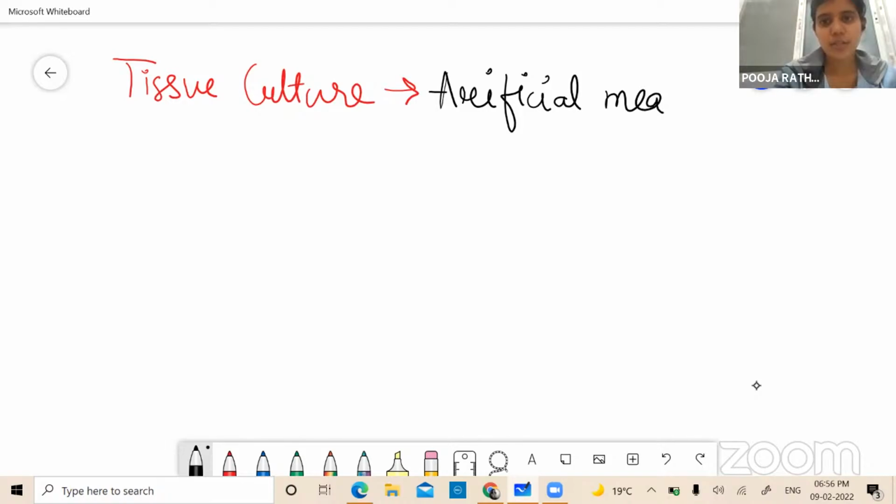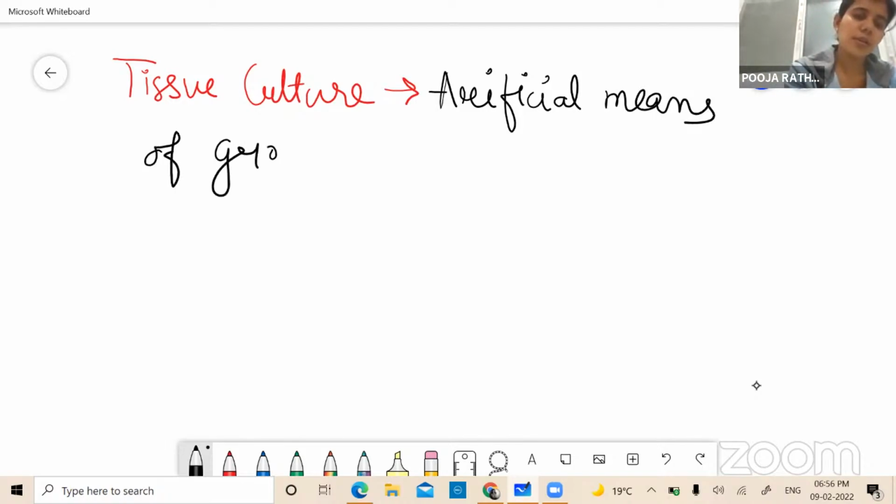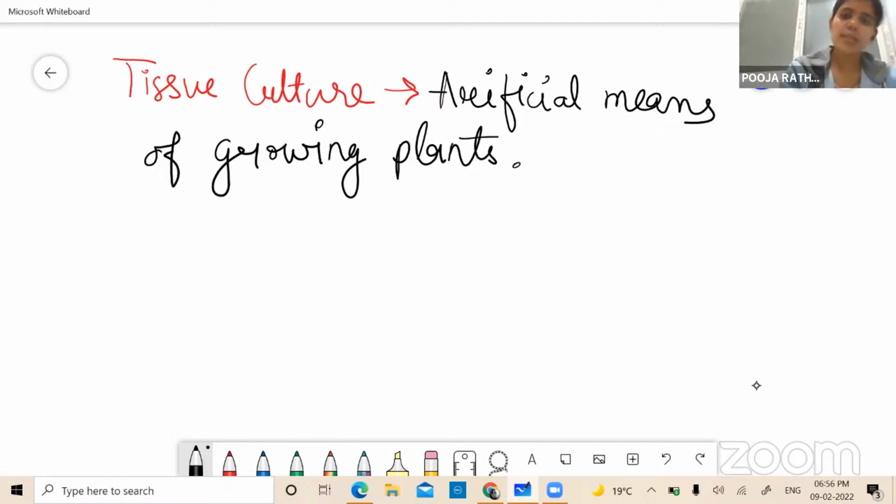That is called tissue culture. Now, what is the procedure of growing plants in tissue culture?